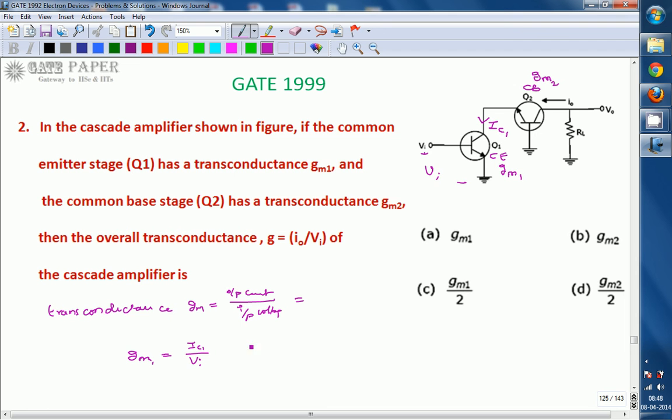We know that the common base has a current gain of unity, which implies the output current is approximately equal to the input current.